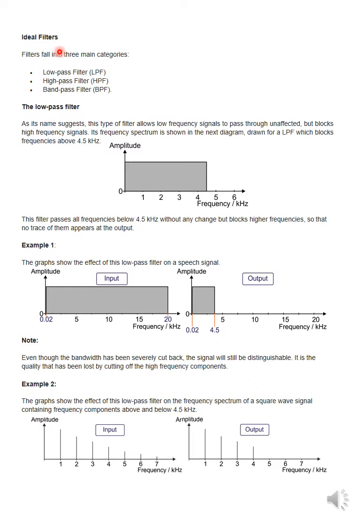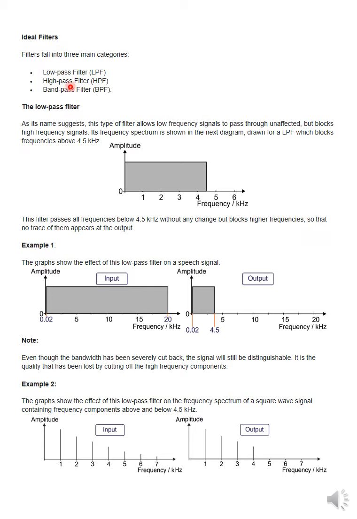But when we use it in real life, or you can say in air or on wires, it behaves non-ideally, and there are some losses, noise, and interference which affect the performance of the filter.